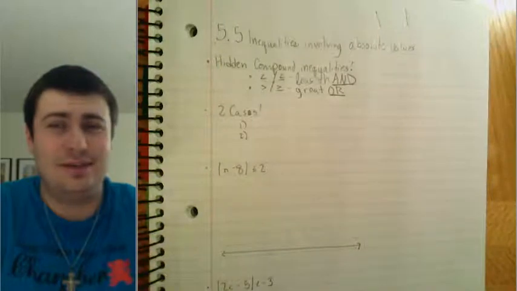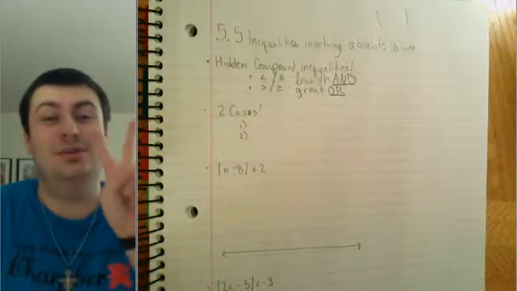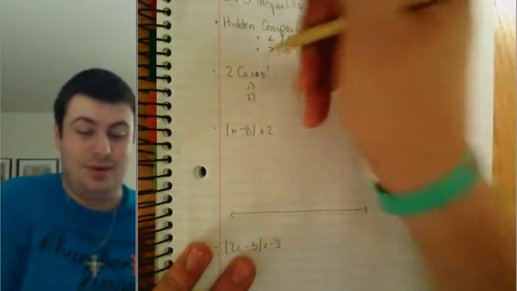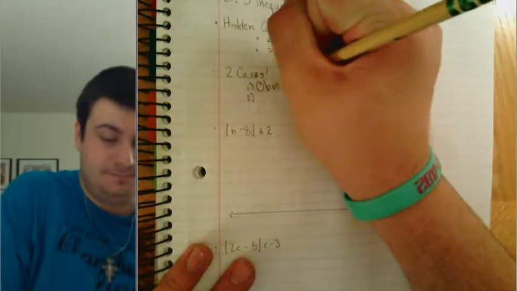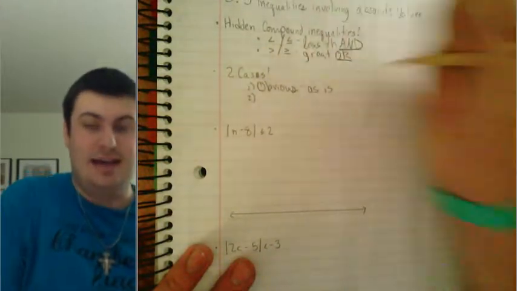How do these equations, even though there's one inequality sign, become a compound inequality? Well, because remember with absolute values, we have two cases. We have the obvious case, the case that would happen if we took it as is.